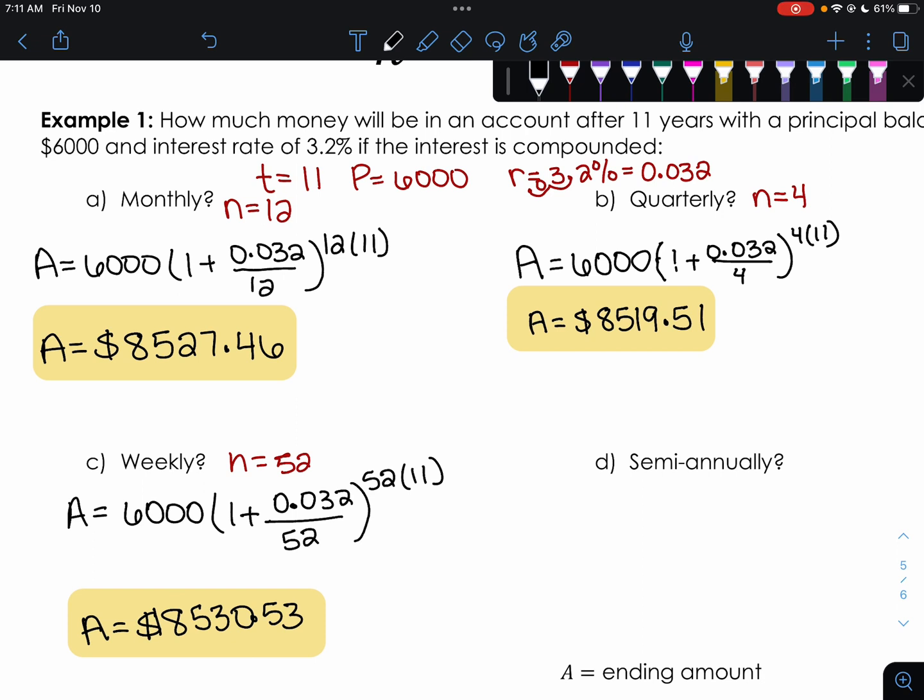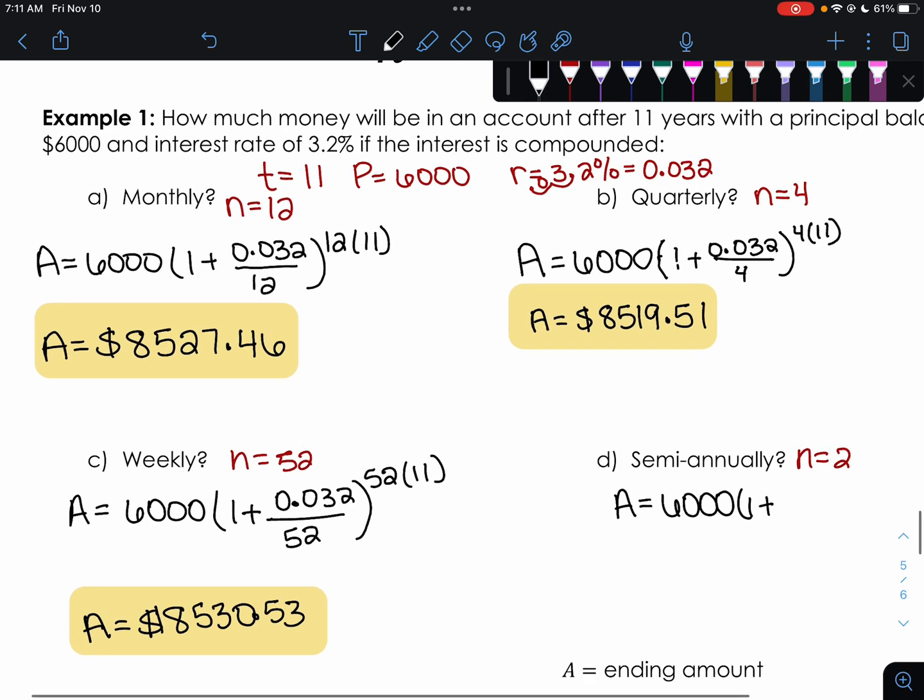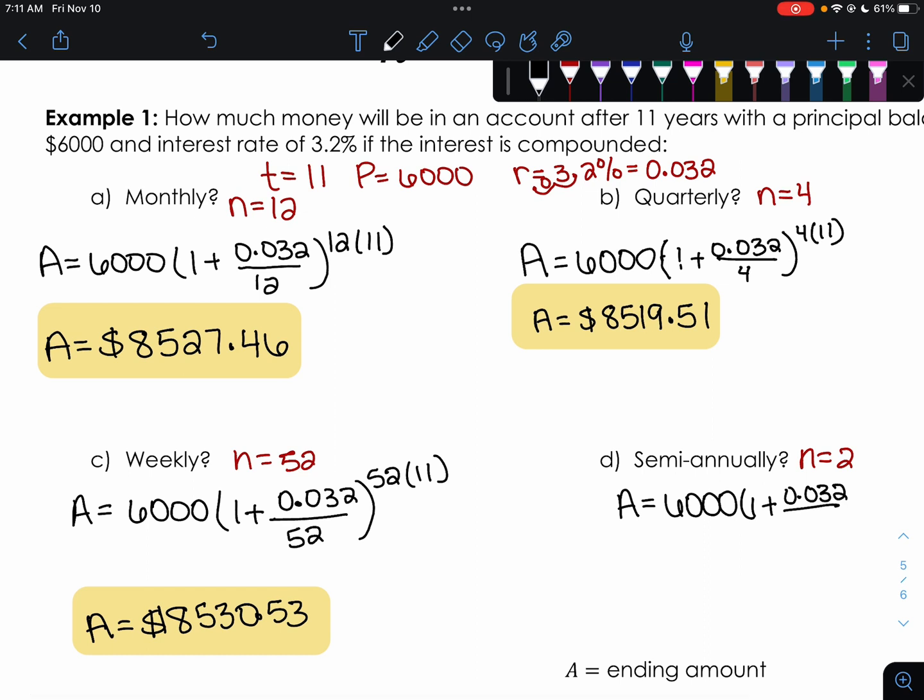Part D says semi-annually, so that means that N is going to be 2. If it was just annually, then it would be 1. So we have 6,000 times 1 plus 0.032 divided by 2 to the 2 times 11 power.